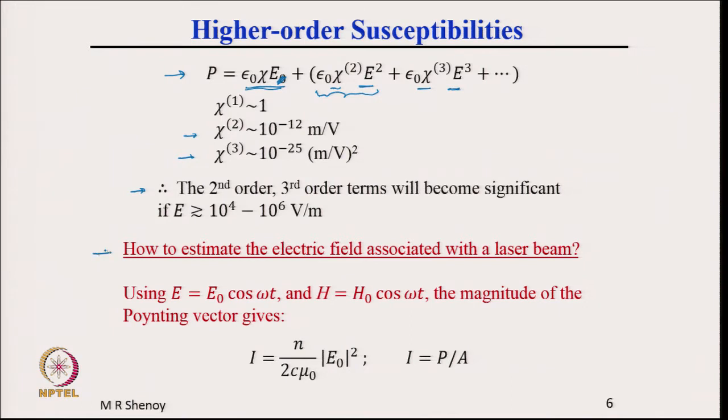Now, how to estimate the electric field associated with the laser beam? If we use E is equal to E 0 cos omega t and H is equal to H 0 cos omega t, then the magnitude of the Poynting vector is given by E cross H here, and E and H, if we assume perpendicular, then it is E into H. If E and H are perpendicular, the magnitude is E into H. So, this is equal to E 0 into H 0 into cos square omega t.